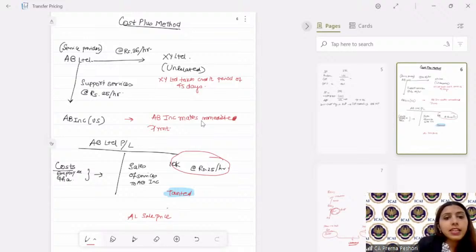And say AB Limited's direct and indirect cost is 15 per hour.